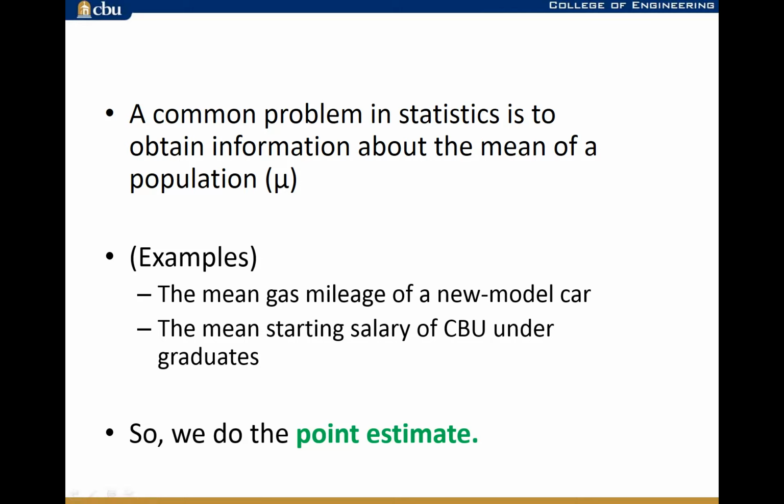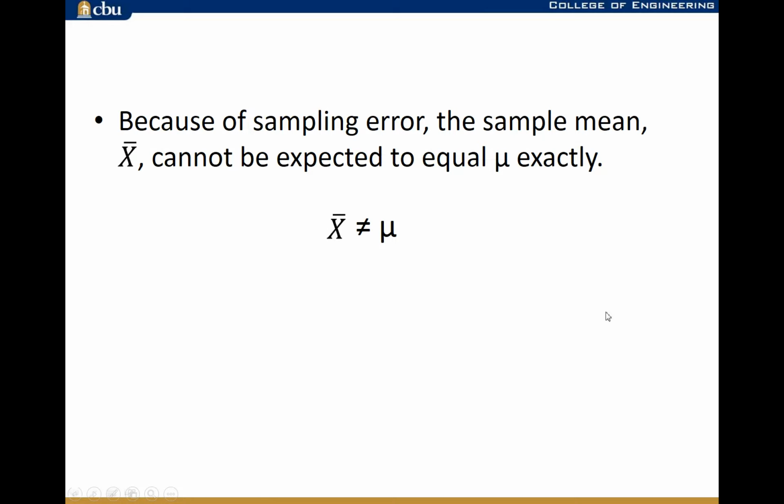So we do the point estimate. With sampling, we find out the average. But you know this average has some error compared with the real population mean. And we know that X bar is not equal to mu, right? Last time we had this about 50, and this is 49.